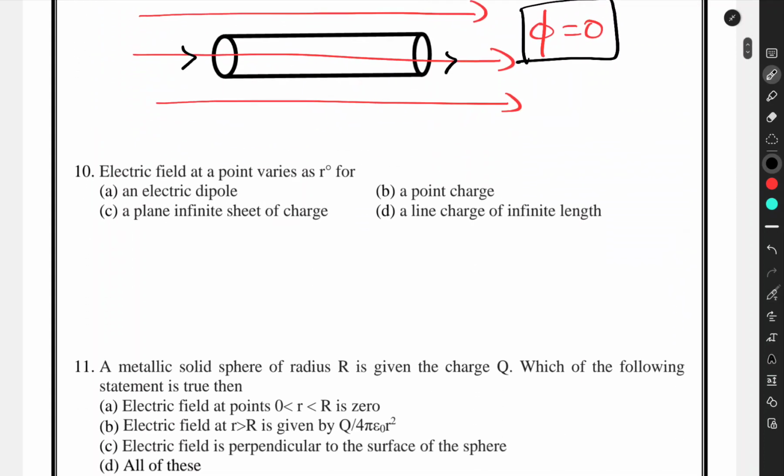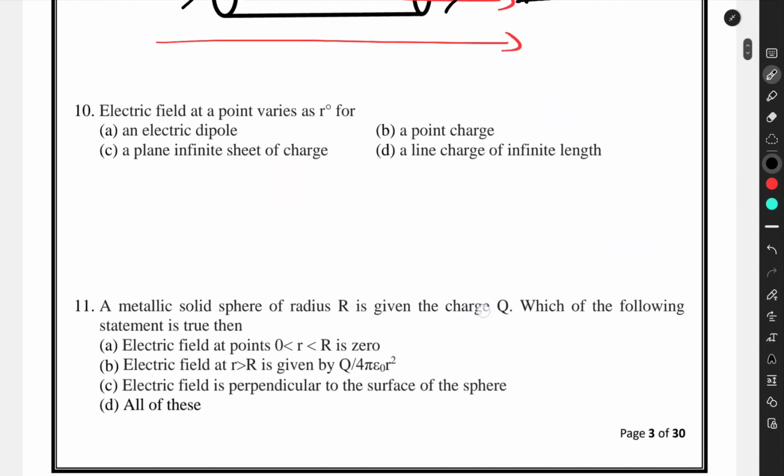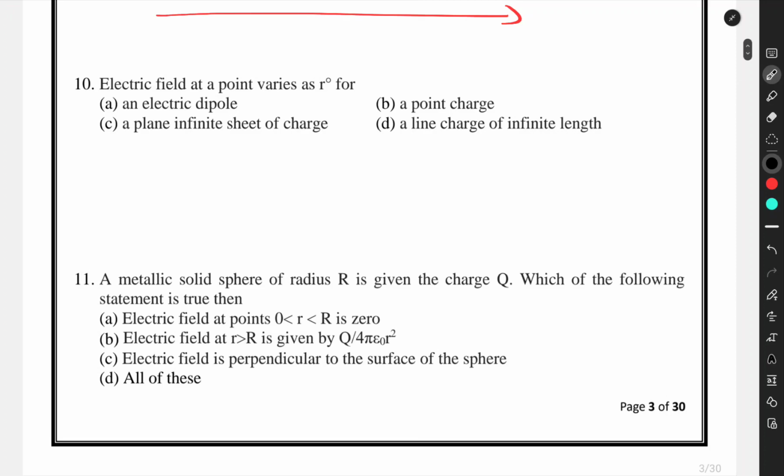Next, the electric field at a point varies as r power 0. R power 0 means it is 1, not dependent on r. For which of the following cases? First, an electric dipole.